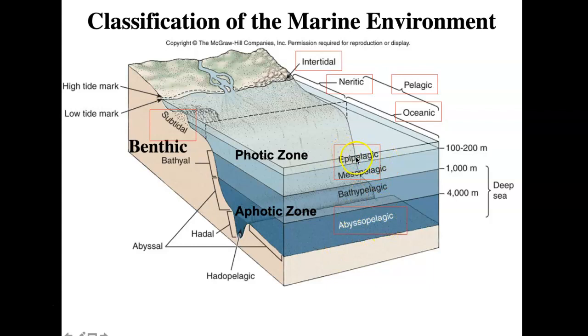Our epipelagic layer is the layer where we're going to find the most diversity in terms of life. The reason is that our epipelagic layer is in the photic zone, and that means we have the most light able to enter this layer called the epipelagic.